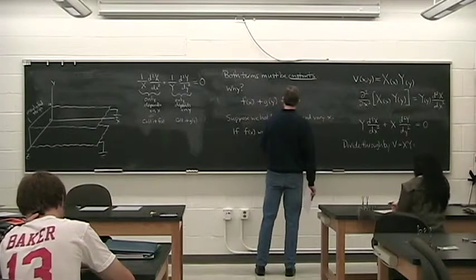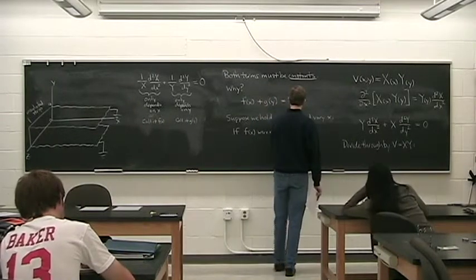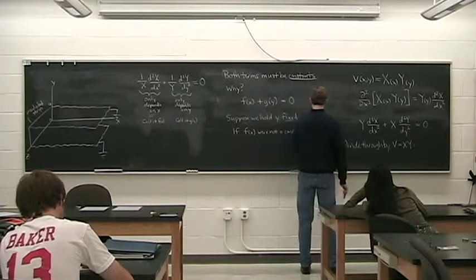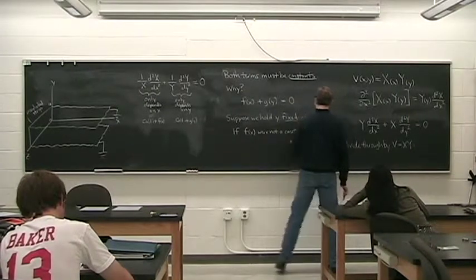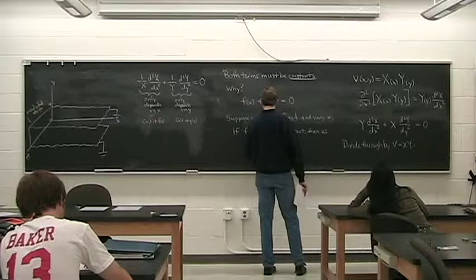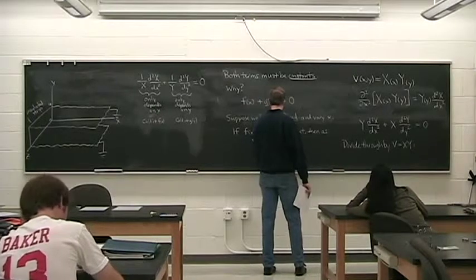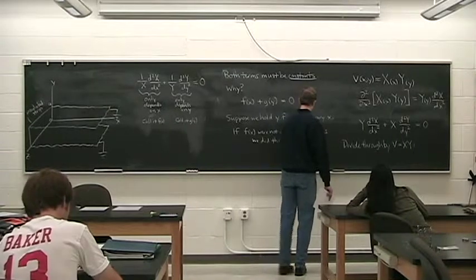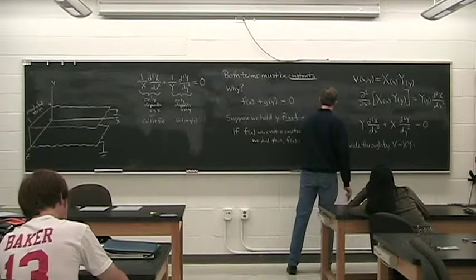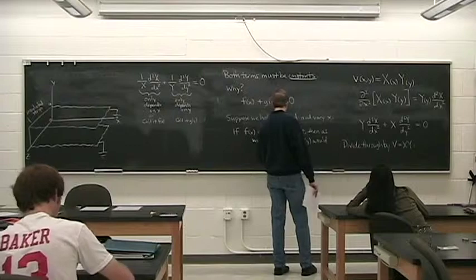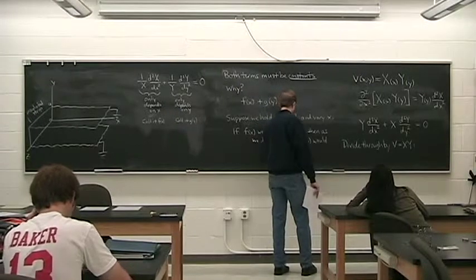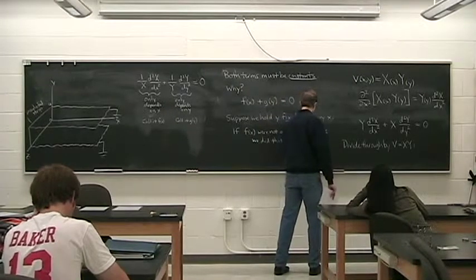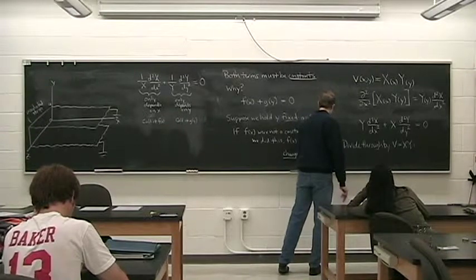If f of x were not a constant, then as we did this operation, f of x plus g of y would change. But it can't, because it's supposed to always add up to 0.